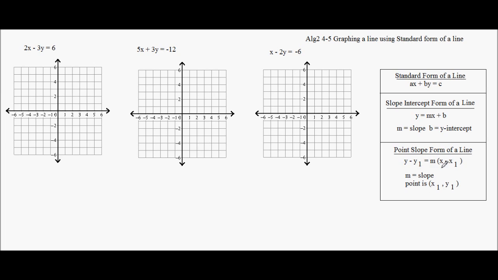Where this is a subscript. So the point is x1, y1, and the subscript just distinguishes one point from another point. Like if I had x sub 2, y sub 2, then we could call this point 2, and point 1 would be x1, y1.